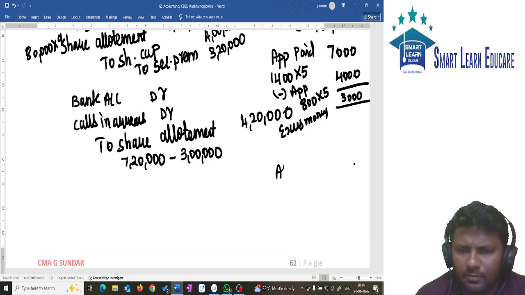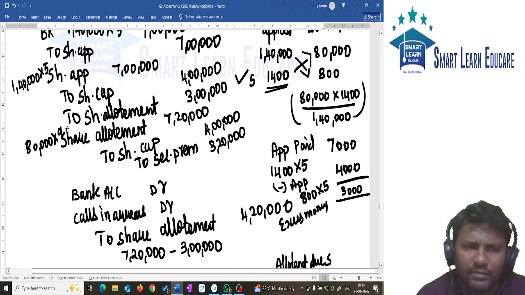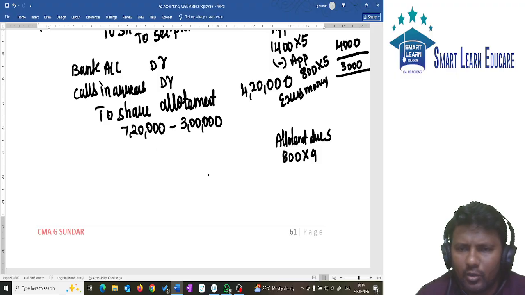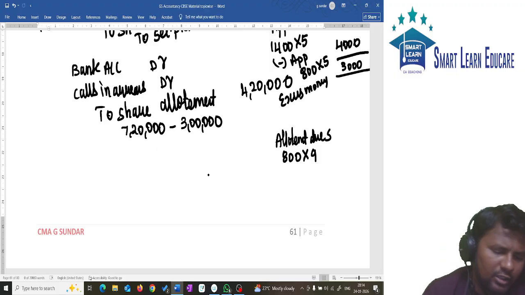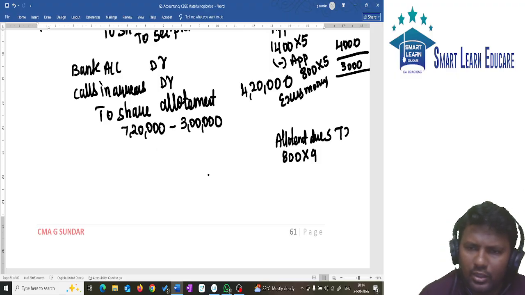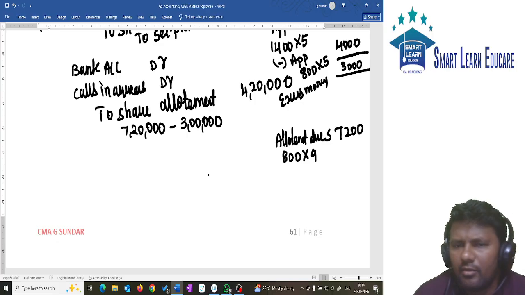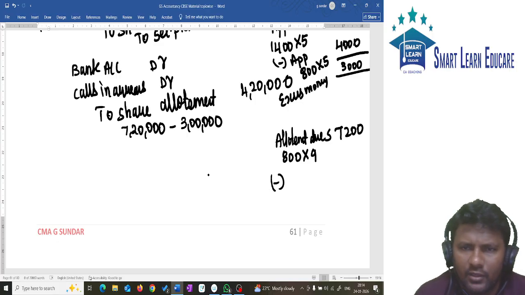So what is the allotment due of S? He is allotted 800 shares. On these 800 shares, we have to pay 9 rupees. 800 into 9 will give you 7,200 that we have to receive. But how much is received so far?